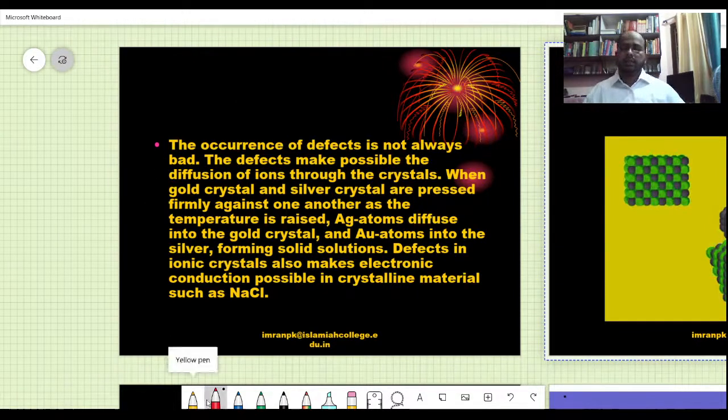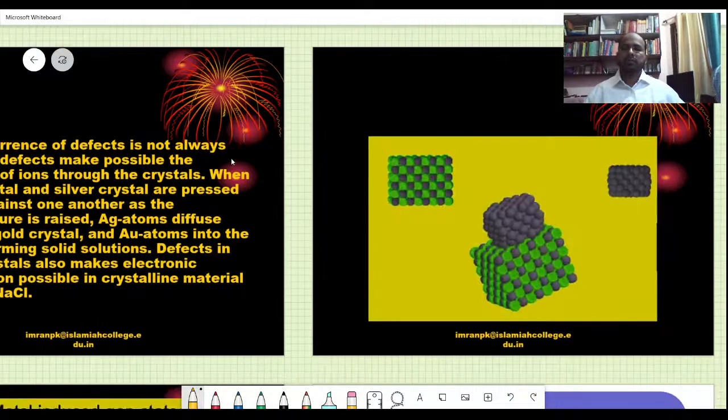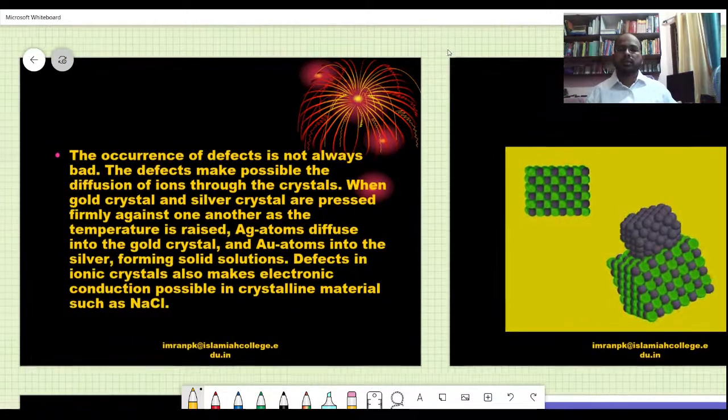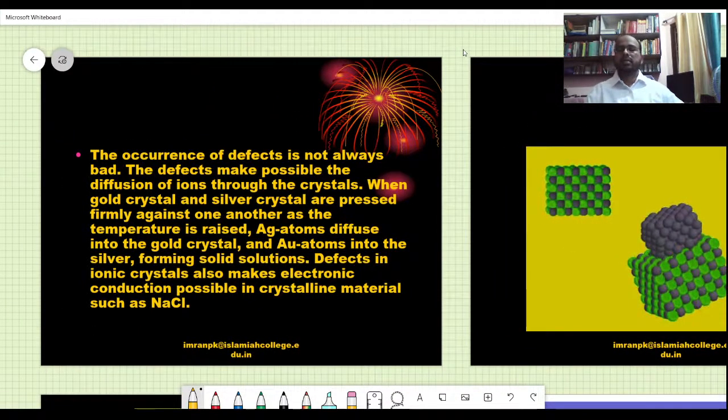And here you shall see that the occurrence of defect is not always bad. That means that defect makes it possible for the diffusion of ions through the crystals. This diffusion is what makes it a conducting property.